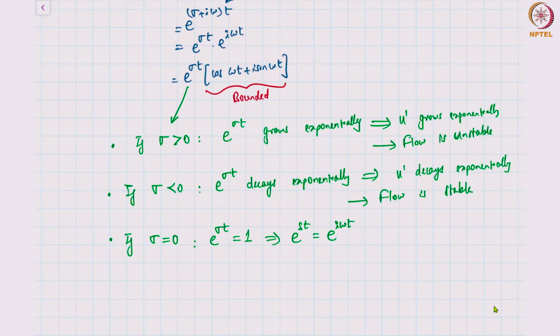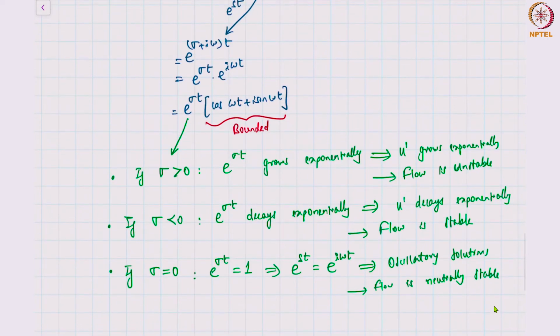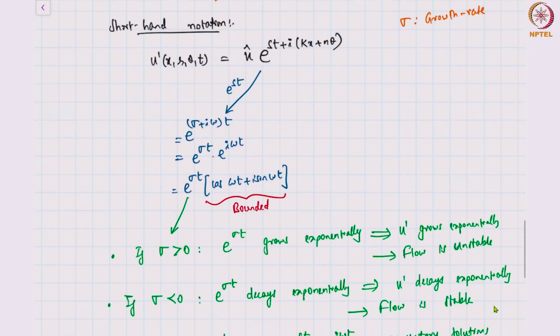You have oscillatory solutions. The flow is said to be neutrally stable.